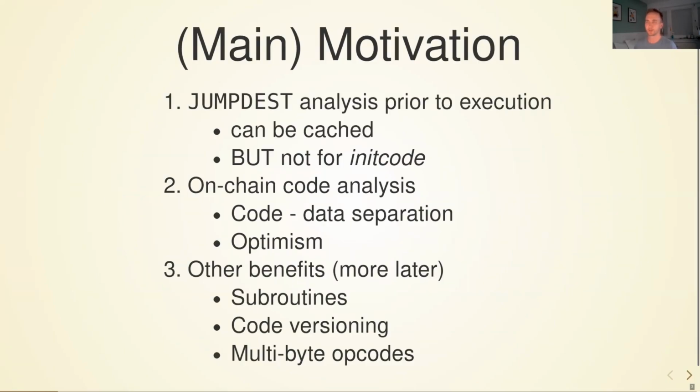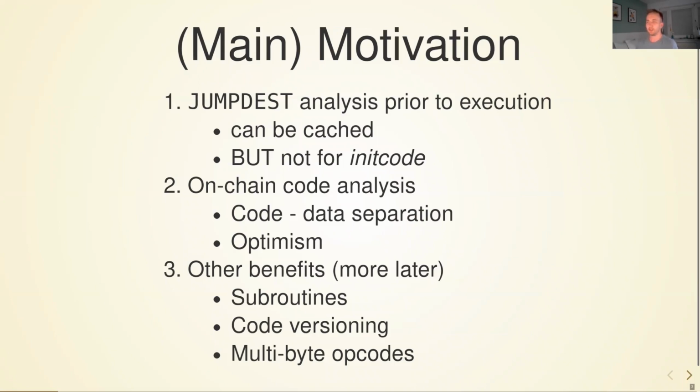What is the main motivation? Why is this a good thing? I think the critical aspect of the current EVM design is that it has some positions in the code that are marked as valid jump destinations. It has an artificial special opcode that marks these places, and there are also some additional restrictions related to that.